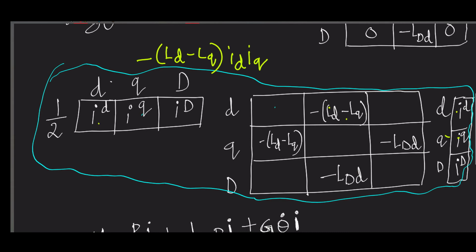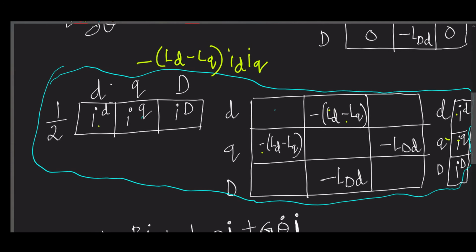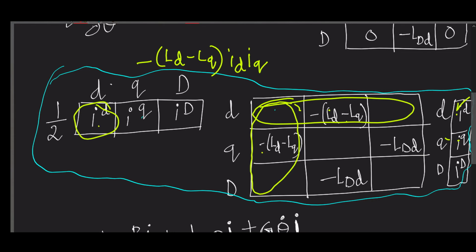Similarly here you are having Id and Iq. If you are not getting how I am able to do this calculation, do understand that this particular element will always work on this, and this element will work on this.